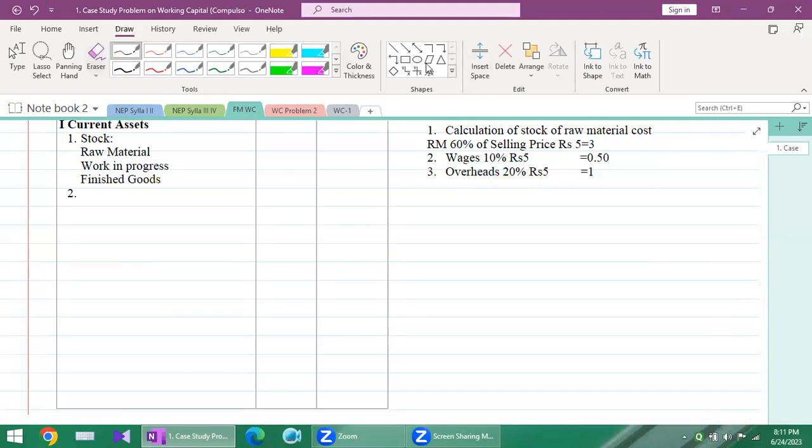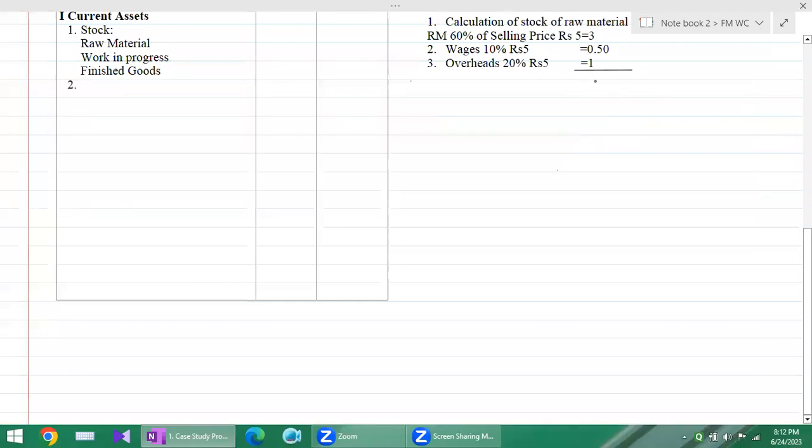Now I'll draw this line so that you will get to know the total. Here we derive 4 rupees.